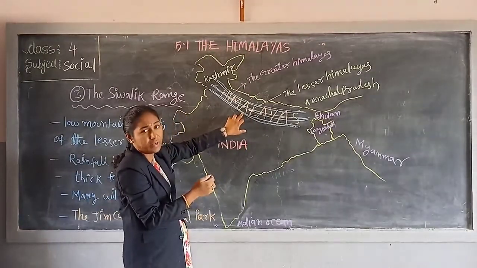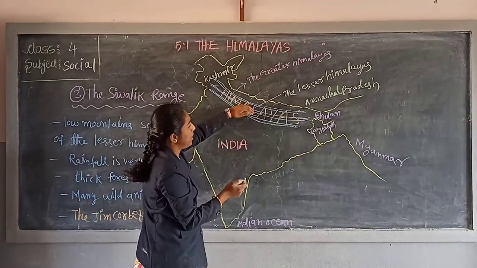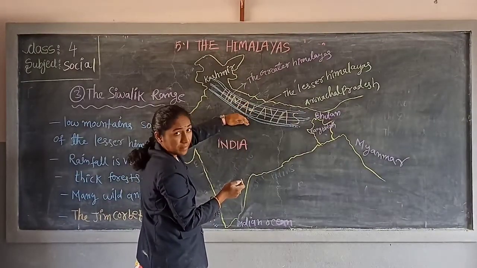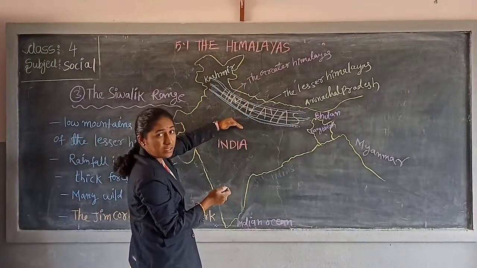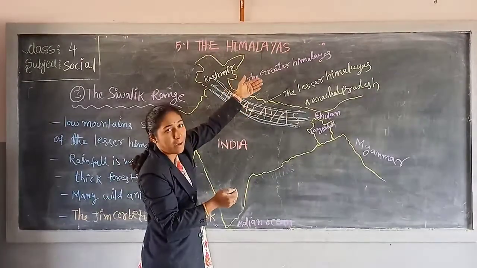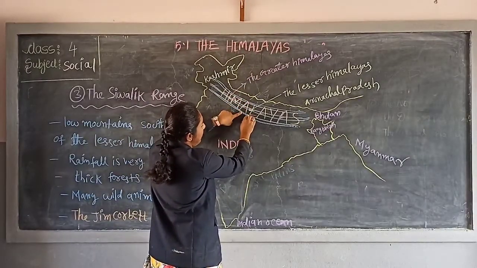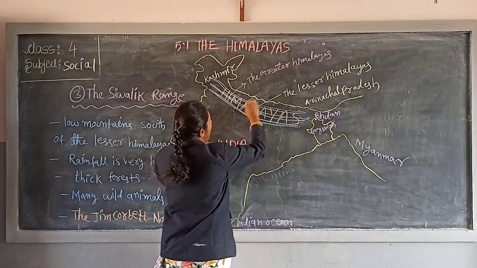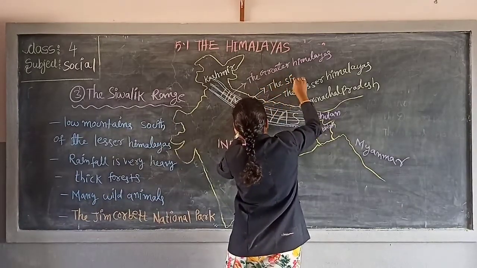These are low mountains. They are situated south, below the Lesser Himalayas. South means down, bottom. North means up. So south of the Lesser Himalayas means this third parallel range. What is its name? The Siwalik range.